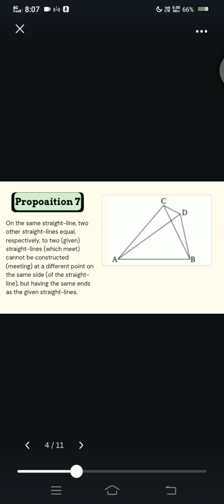And our triangle BCD is also isosceles, and as we will draw an angle here, the base angles of our isosceles triangles ACD and CDB. So we will have our angle here.